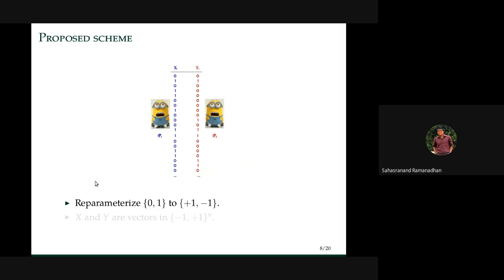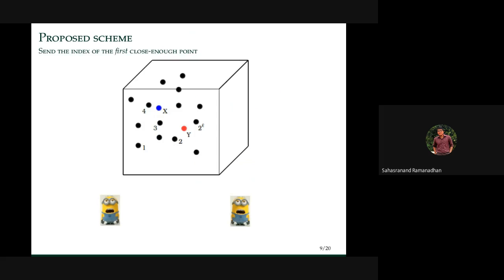So the proposed scheme is this. You reparameterize the observations, zeros and ones, into plus ones and minus ones, and think of the observations as n-dimensional vectors. So there are n observations at each end. So think of x as an n-dimensional vector with entries plus ones and minus ones. Y is also an n-dimensional vector with entries plus ones and minus ones. So we have represented their observations as points in this n-dimensional space.